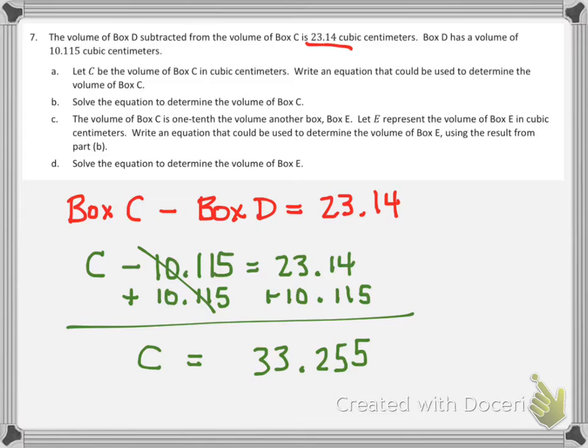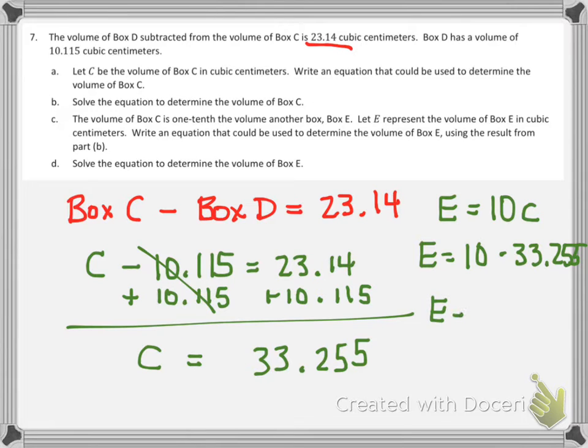Write an equation that could be used to determine the volume of box E. Well, box E equals 10 times box C. So I can say that E is equal to 10 times 33.255.